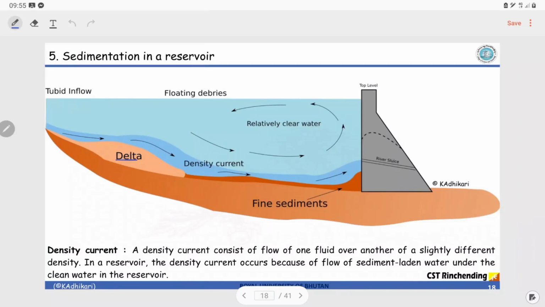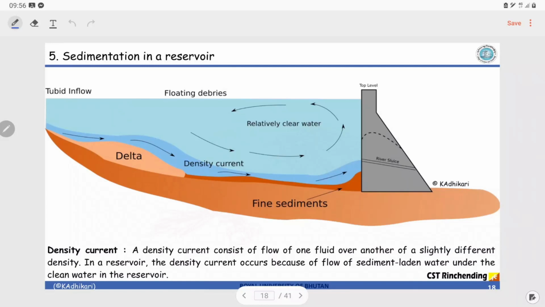Above this delta formation, there is sediment-laden water, which means the concentration of sediment is very high, and we call this a density current. A density current is a layer of water that flows at the bottom of the reservoir, whereby this layer has a density higher than that of the rest of the water in the reservoir, because it is carrying so much sediment.